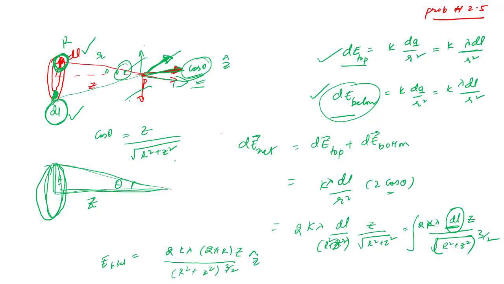Similarly, we can even calculate for a sphere. In fact, we have seen that by the same logic, in a sphere, the electric field inside the sphere is 0 because I can take one circular loop here, right? And if I look at any point inside the sphere, this circular loop would have a net field this way.